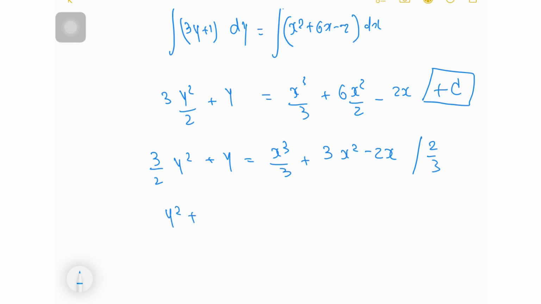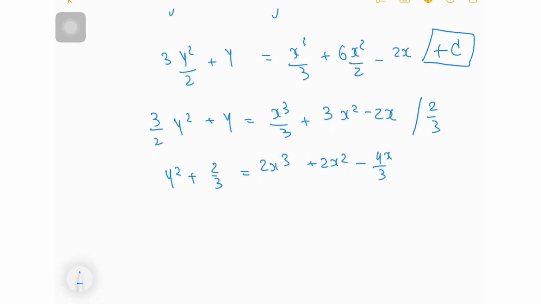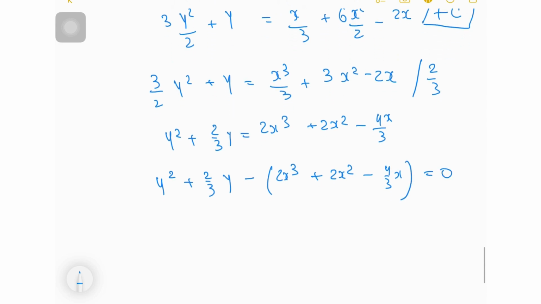So y squared plus 2 over 3 y equals 2x cubed over 9 plus 2x squared minus 4 over 3 x. Okay, maybe it doesn't really change too much, but at least with y squared we have it. And then we can write as y squared plus 2 over 3 y minus 2x cubed plus 2x squared minus 4 over 3 x equals 0.